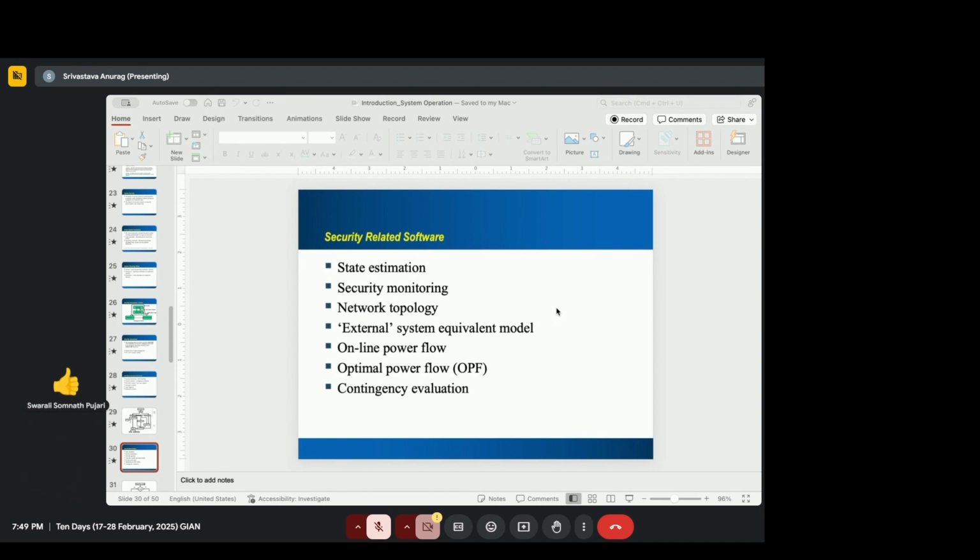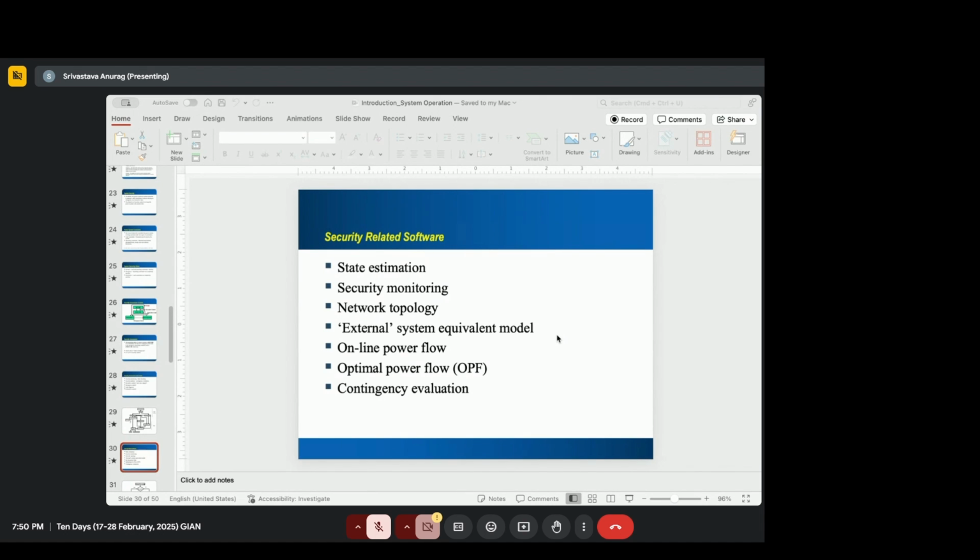Okay, looking at the next question: with the introduction of PMU, we're still using SCADA measurement over PMU measurement, and how much more reliable is SCADA data? This is a good question, because that's what I was trying to refer to, that with PMU measurement, you can solve dynamic state estimation, which is much faster and more useful for stability analysis.